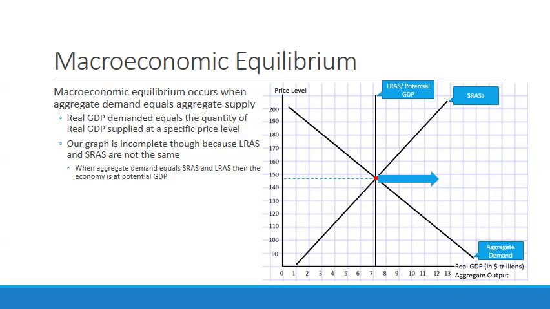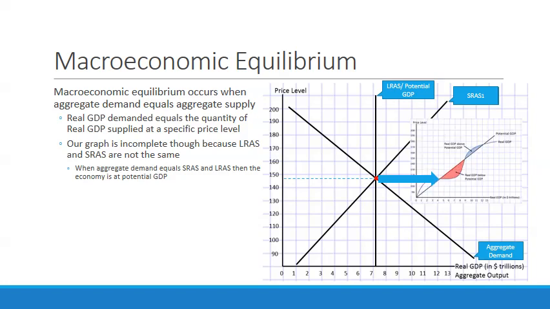So everything that slides out here to the right equals an increase in potential GDP. So that's when real GDP is rising above potential GDP, whereas anything to the left is when real GDP falls below potential GDP. And you can look at it here when we look at the smaller graph, bringing it from last lesson.